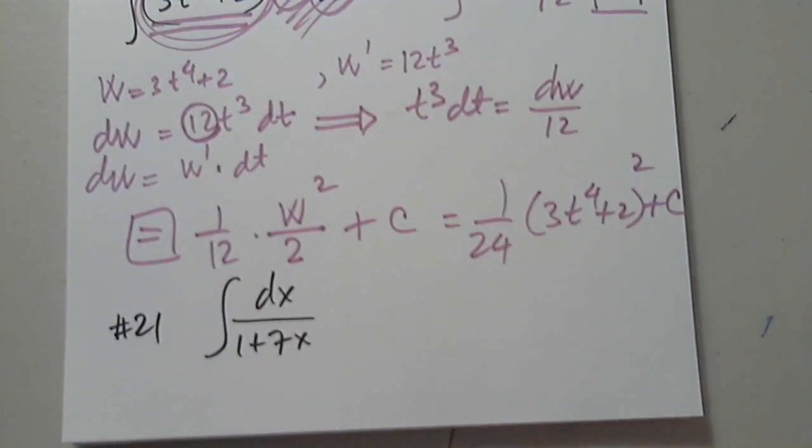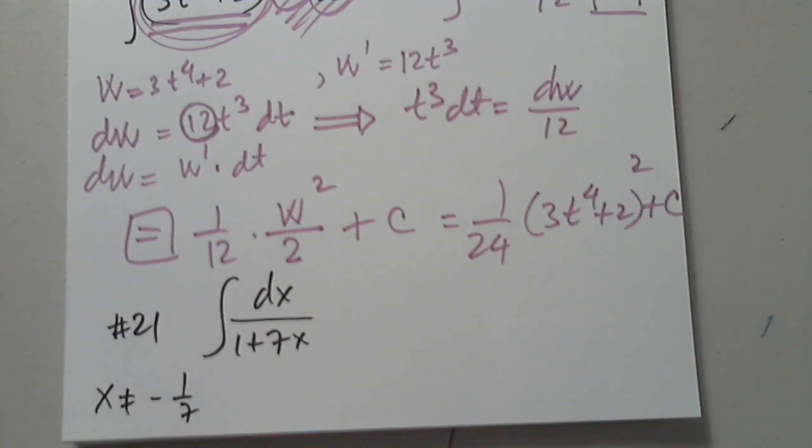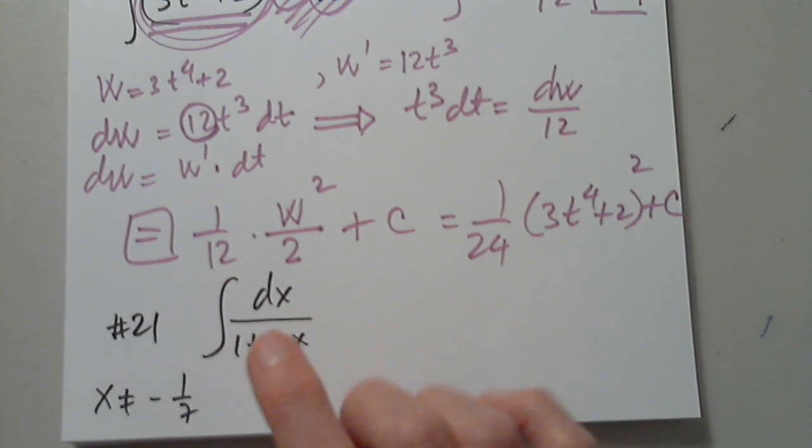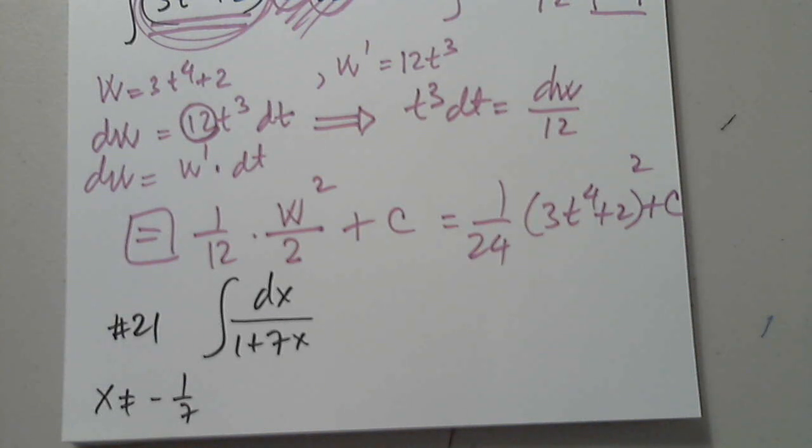And of course, x cannot be negative 1/7. Why? Can anyone tell us why x cannot be negative 1/7? Because that makes the denominator 0 and the fraction undefined. Awesome. Thank you.